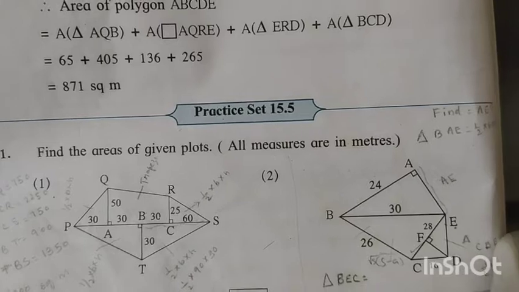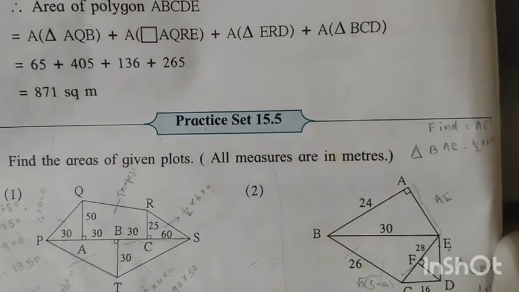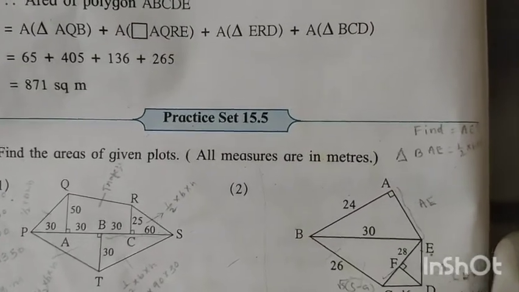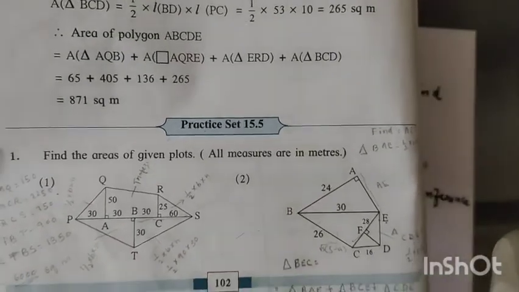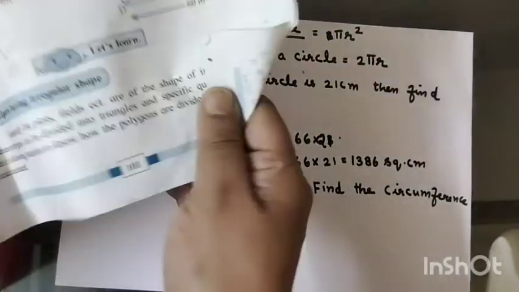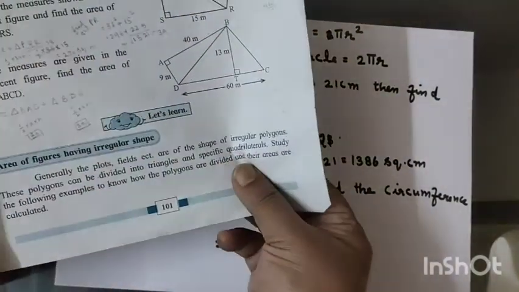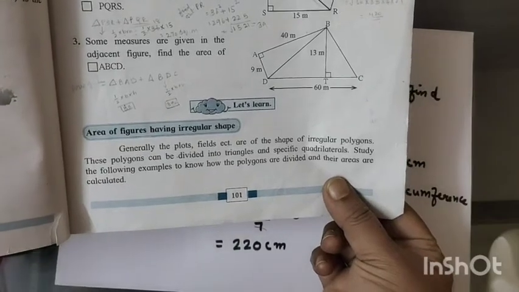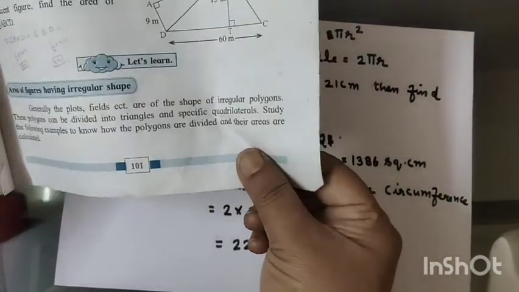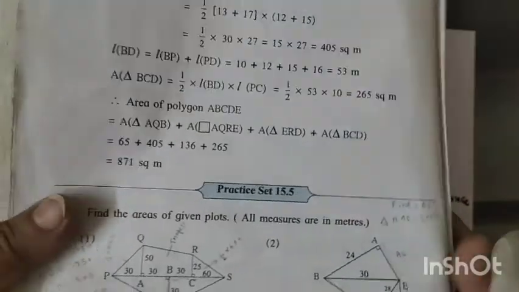So you are going to get different figures. That means here, find the areas of the given plot. So here you are going to apply all these formulas together in one particular figure, that is, area of figure having irregular shape.